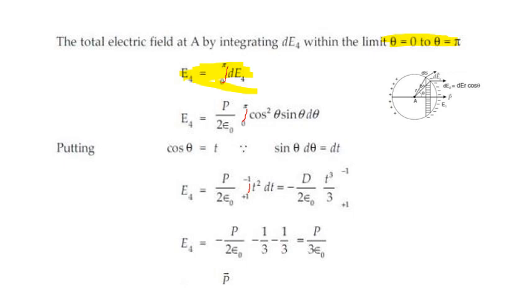If you put in the values, finally you will be left with this answer, P upon 3 epsilon 0. This is your fourth contribution. So now we have calculated the fourth contribution also.